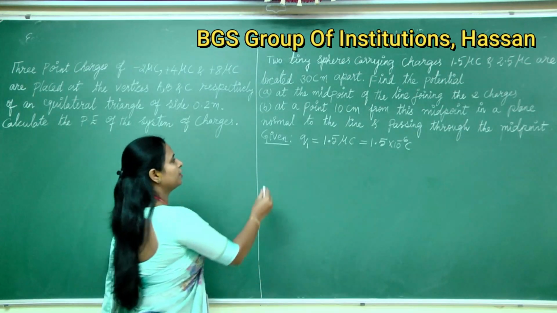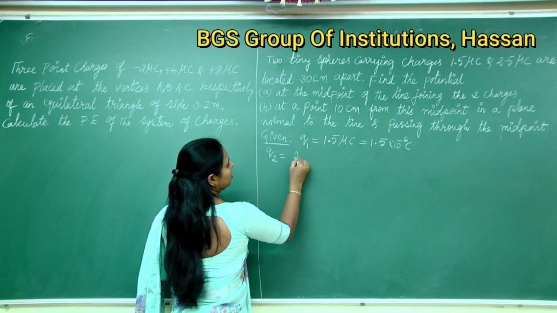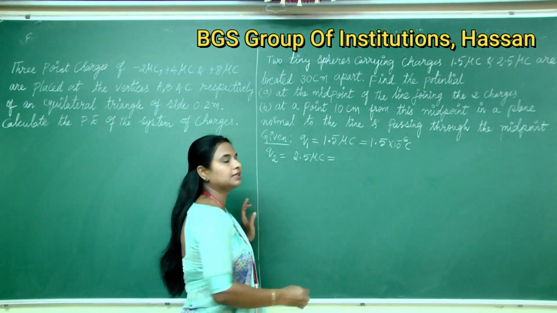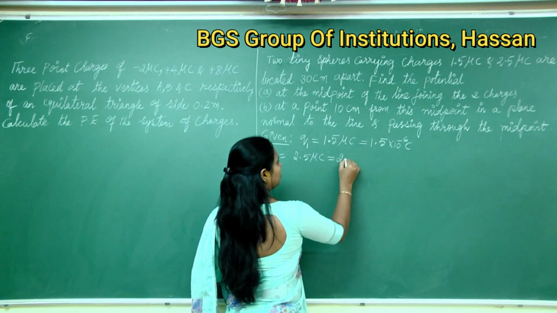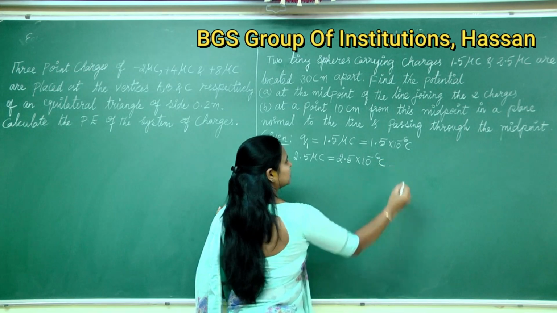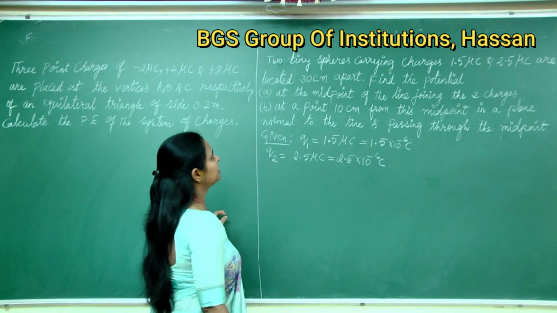And what is the value of Q2? Q2 is equal to 2.5 microcoulomb, and that is equal to 2.5 into 10 power minus 6 coulomb. So this is the value of charges they have given.